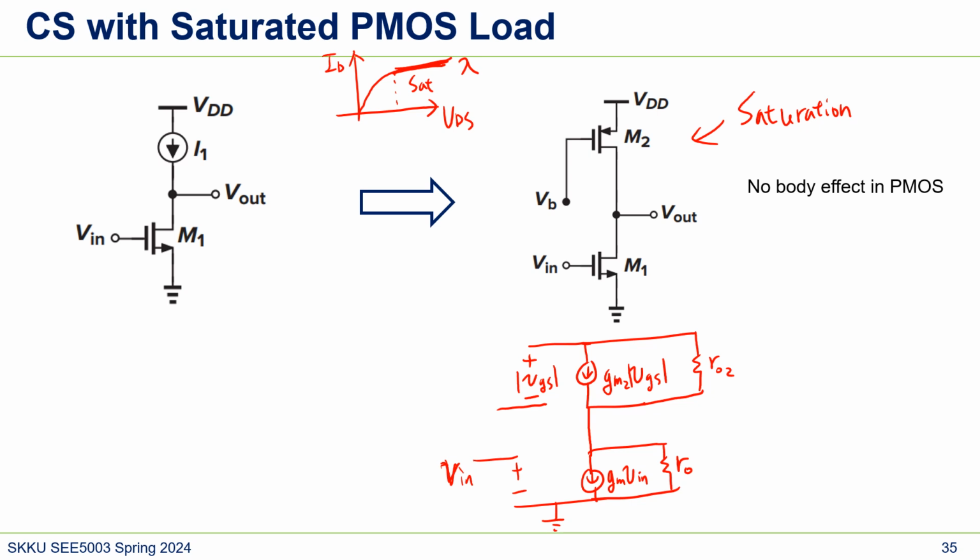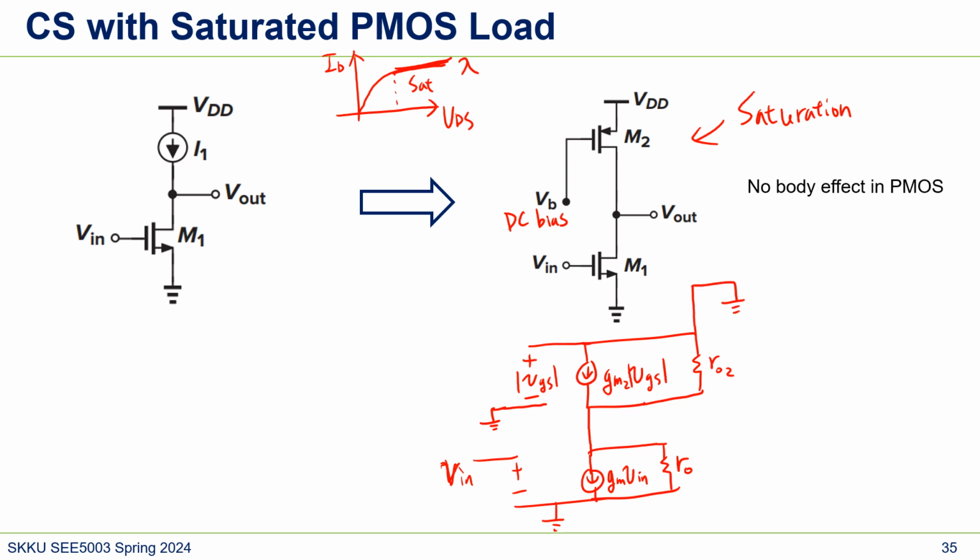And then this is VB, which is actually ground because this is a DC voltage. This is just DC bias. In the small signal model, a DC voltage source becomes shorted, so it becomes ground. And the same for VDD, so VDD also becomes ground.